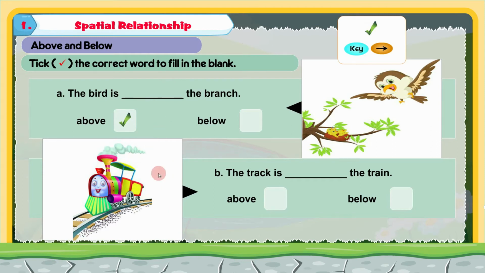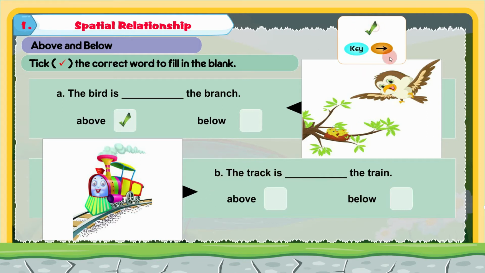Next, B. Here you can see a picture in which you have a train and a track. The track is dash the train. So this is the track and this is the train. Where is the track? Is it above the train or below the train? The track is below the train.